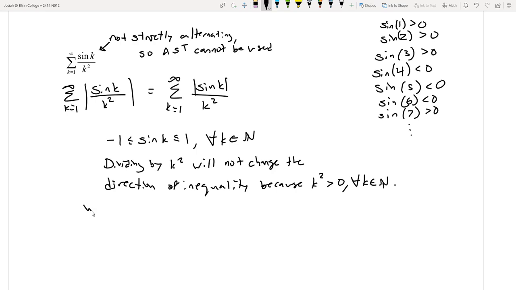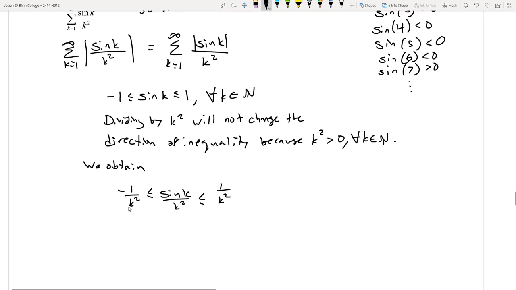So we obtain -1 over k squared less than or equal to sine of k over k squared less than or equal to 1 over k squared. And then we apply the absolute values.